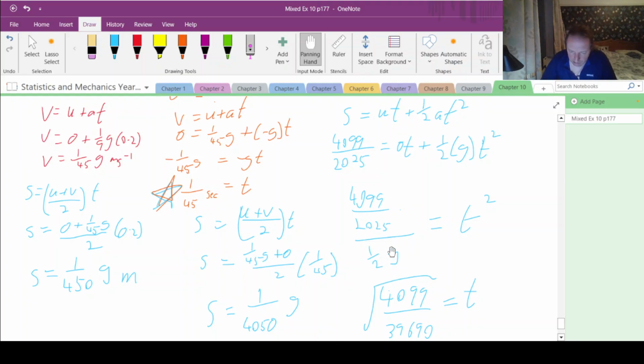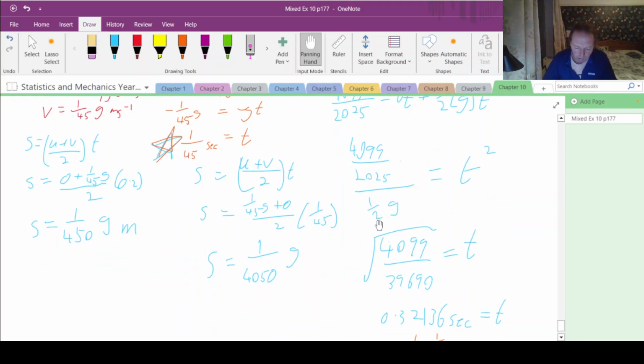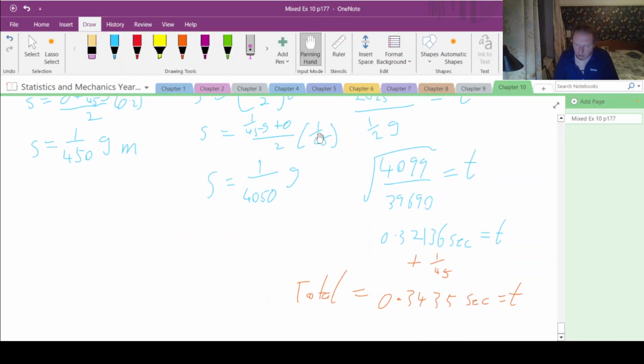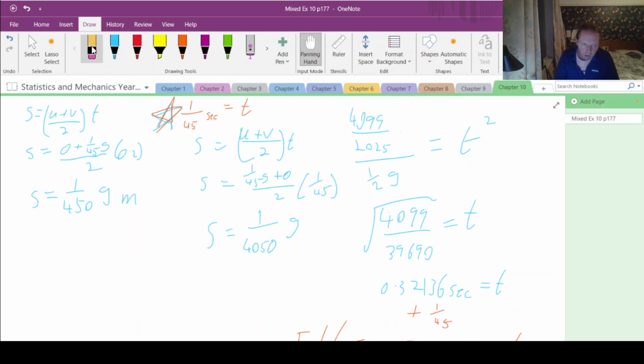So as I come in here and I do 4099 over 2025, okay, that is its own fraction, and then I'm going to divide it by a half, and what I'm going to do is move the half away. I'm going to leave that g on the side for the moment.